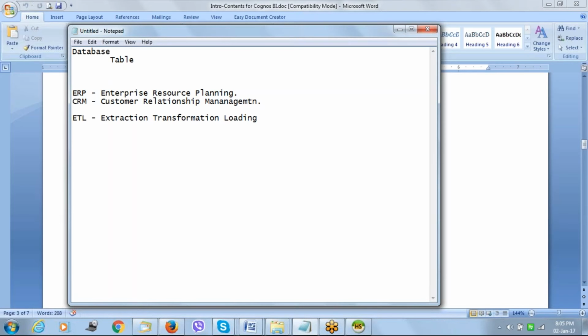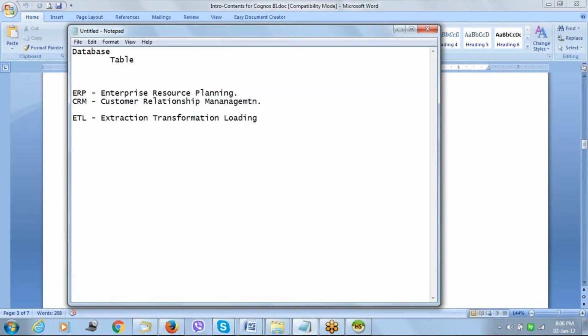Okay. So extraction and loading we are able to understand. What is transformation? Transforming the data. So for example, unwanted data can be cleaned. That is one thing regarding transformation. Another thing is we need to maintain a common format. For example, we are getting data from multiple sources.